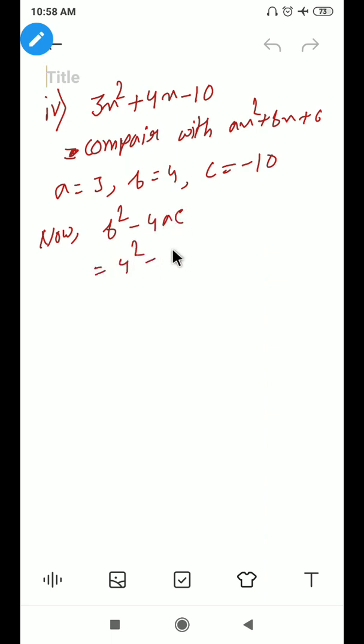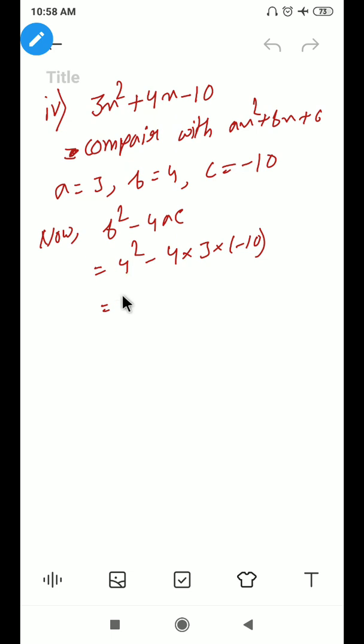Then you will get a equal to 3, b equal to 4 and c equal to the constant term minus 10. Now b square minus 4ac is equal to how much? b is 4, that means 4 square minus 4, a is 3 and c is minus 10.